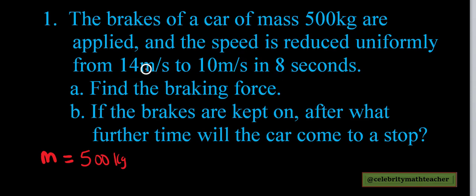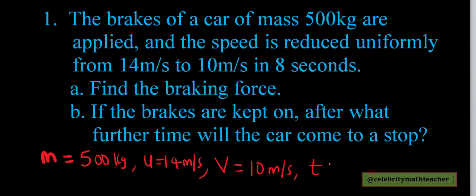The initial speed, u, is 14 meters per second. The final speed is 10 meters per second, and the time taken is 8 seconds. Now we know the time, we know this.